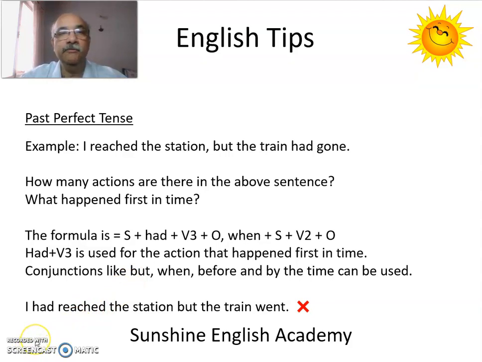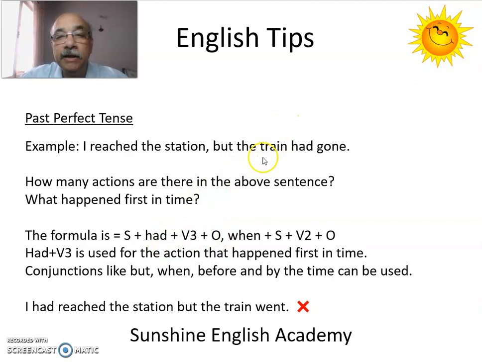Okay, the formula for past perfect tense is subject plus had plus V3 plus object. Then a conjunction, here it is when, and then again a subject, then V2 plus object. Now, which part of our sentence does this formula refer to?